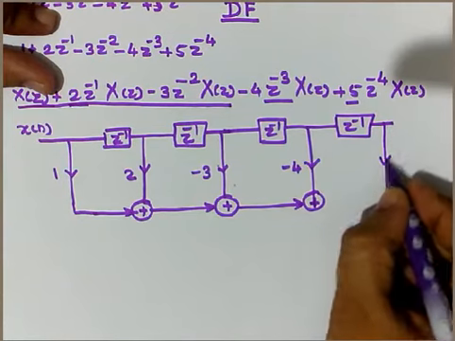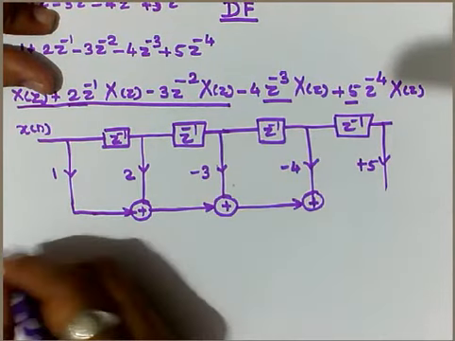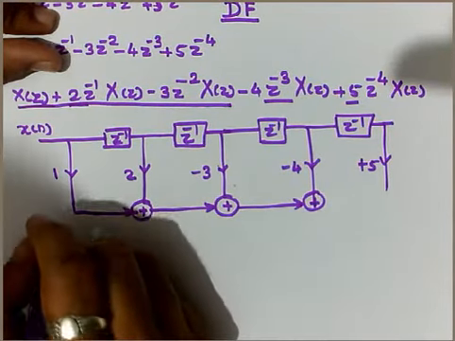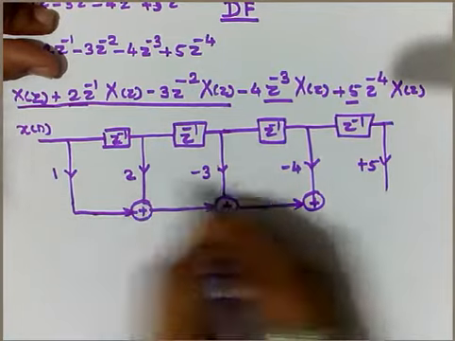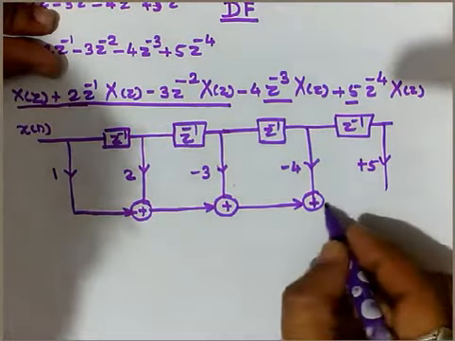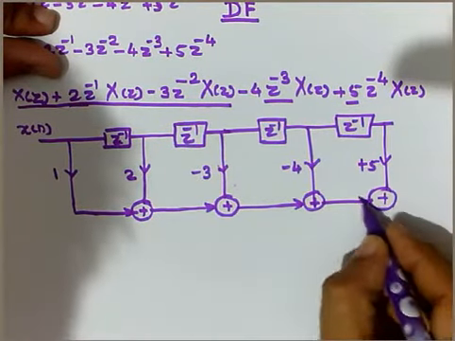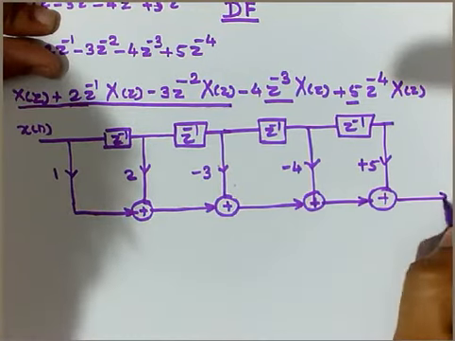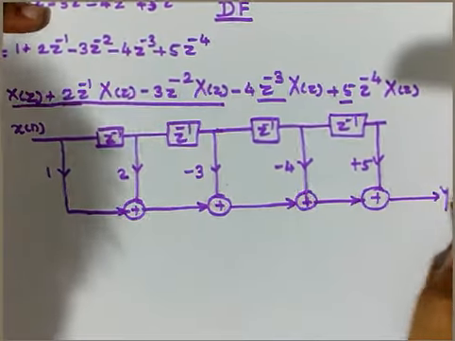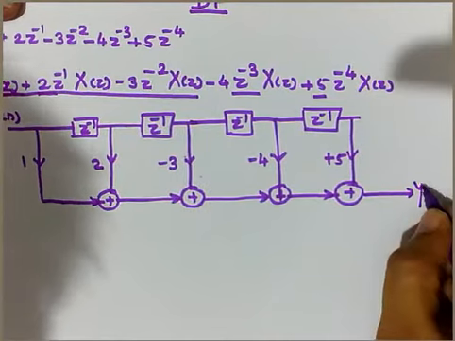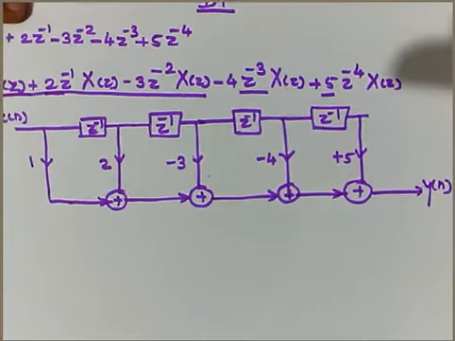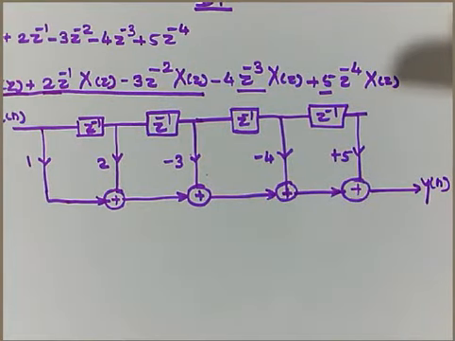So here it must be plus 5. Okay, which is not written over here since it is the plus sign. Okay. So after this, just write down the final value, that is nothing but y of n. So this is how the direct form realization for this particular example is done.